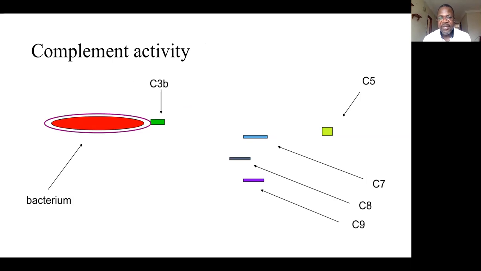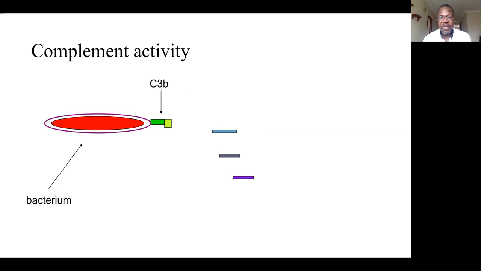Then from there, the C5 will approach and attach to the C3b. Then it will also divide into 2 fractions. And then the rest, the C7, 8, and 9, will attach.